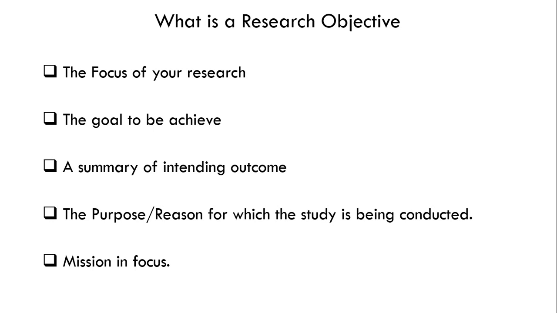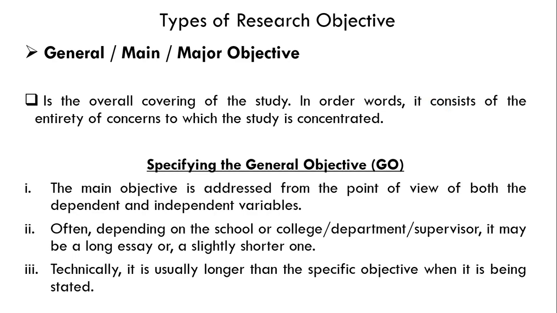When you have formulated your topic, and you have arrived at your statement of problem, the next thing to do is to identify the main focus, which is the objective of the study. Now, understanding research objective means that you need to know the types of objectives that are available in order for you to write your objective appropriately.